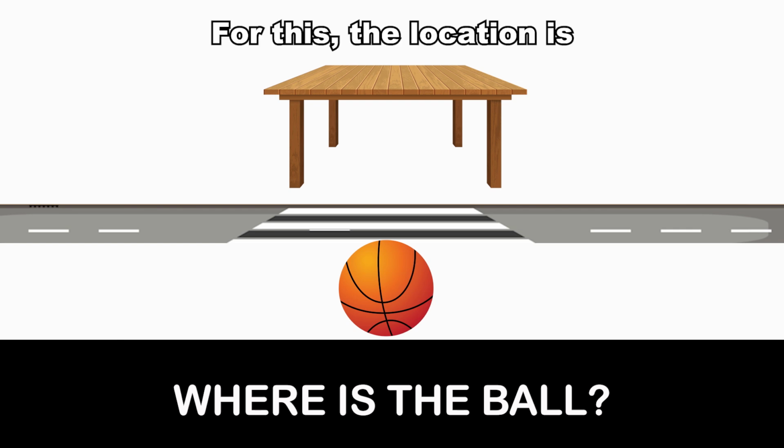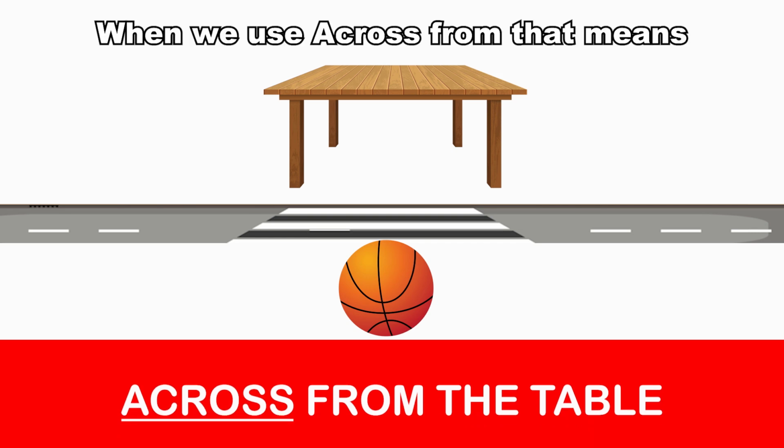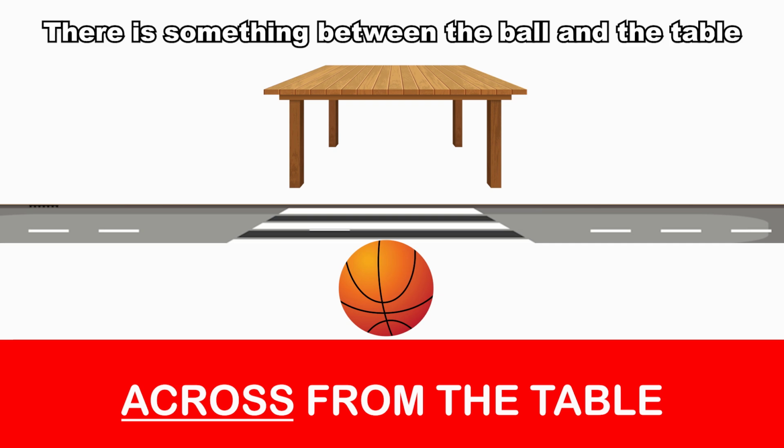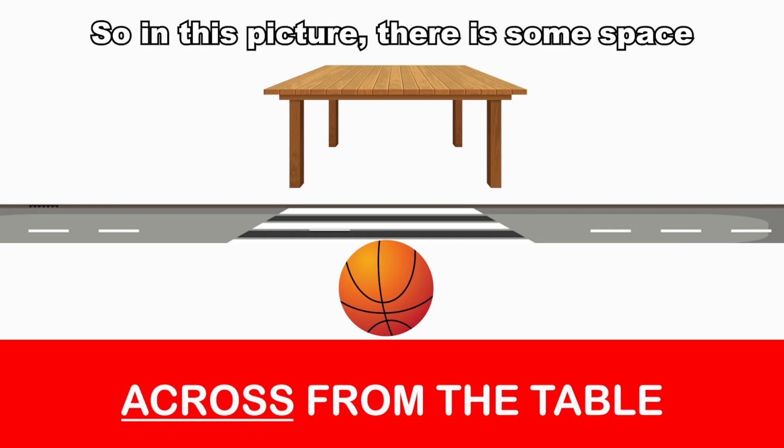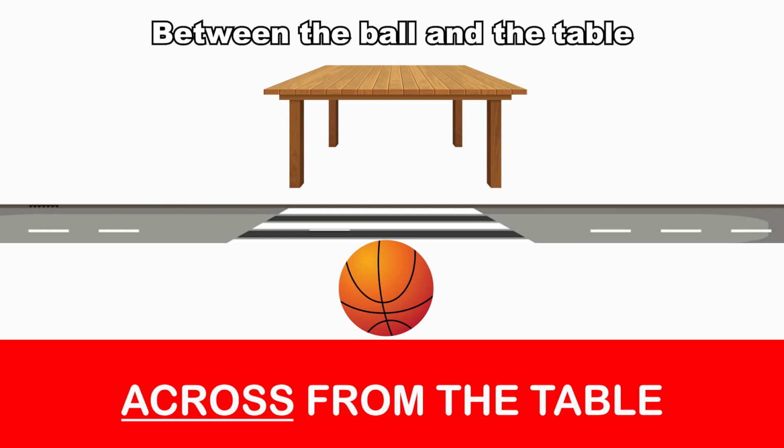For this, the location is across from the table. Across from the table. When we use across from, that means there is something between the ball and the table. So in this picture, there is some space. There is a road or a hallway between the ball and the table.